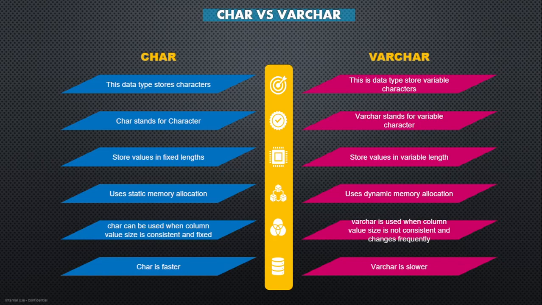So these two values only we will capture for all of the students. Either the student will pass in that college or he will fail in that subject or college, whatever it is. Since we are going to store pass or fail, if you check the length of pass and fail, it is only 4 characters. So in this case, you can blindly use char because the length size is fixed.